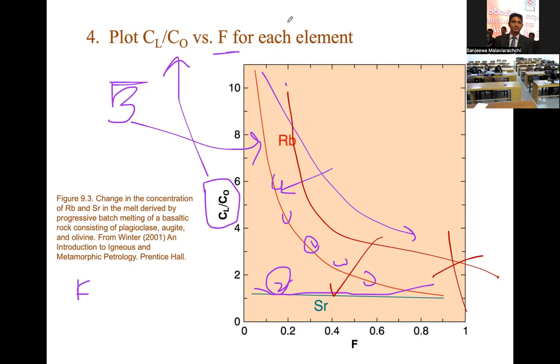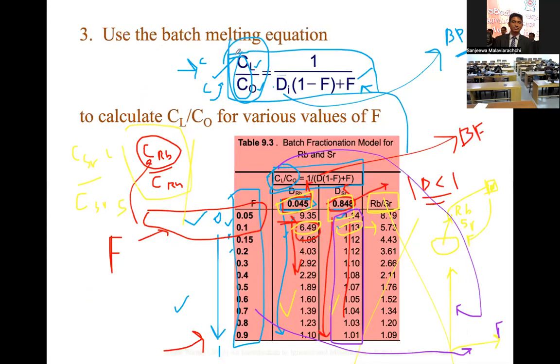Okay, so do you have any questions up to now? This is a very simple example I took for you to demonstrate batch melting. It's just a matter of application of this melting equation. So you have to be precise on application. You have to correctly calculate these values, and then you can make this a variable and find out the ratio of concentrations.